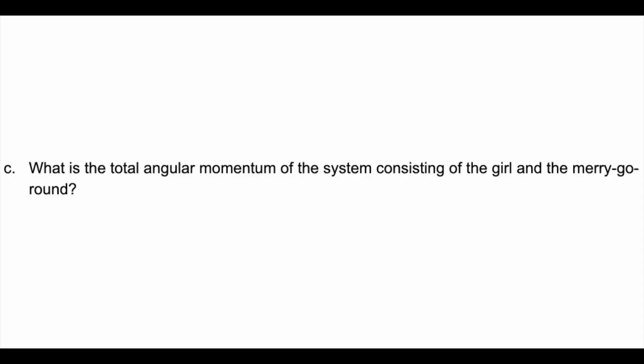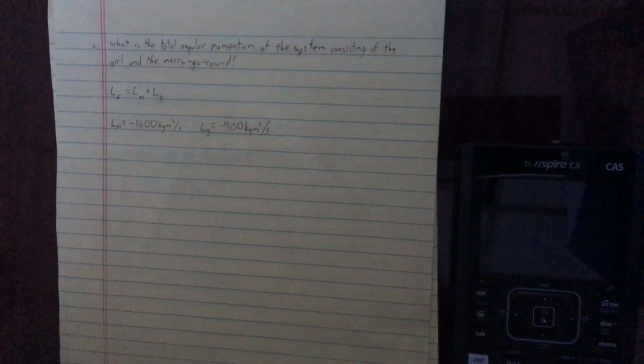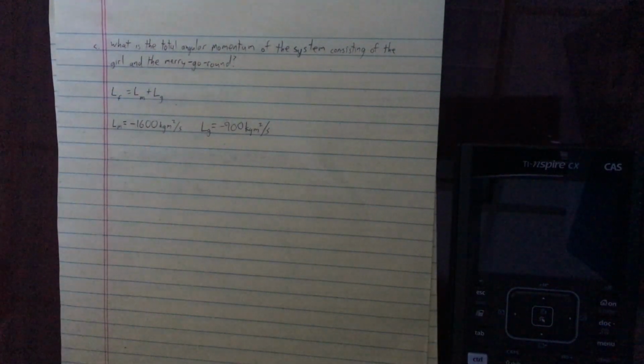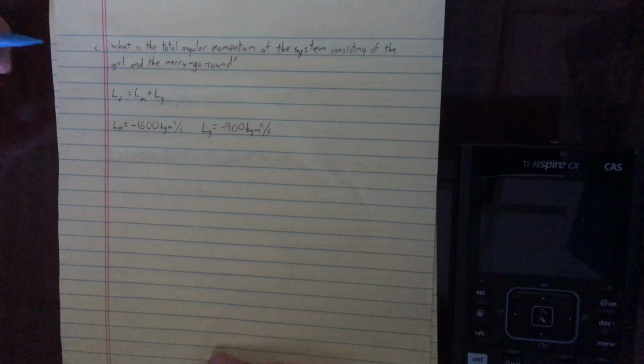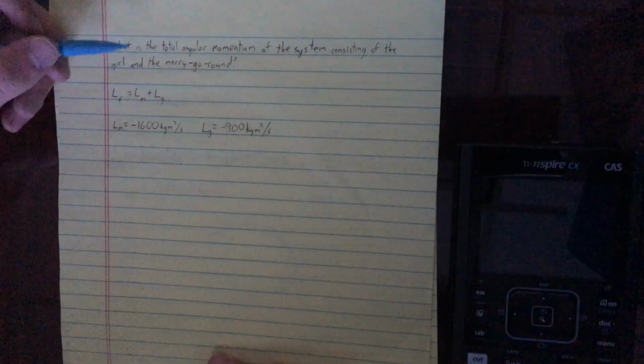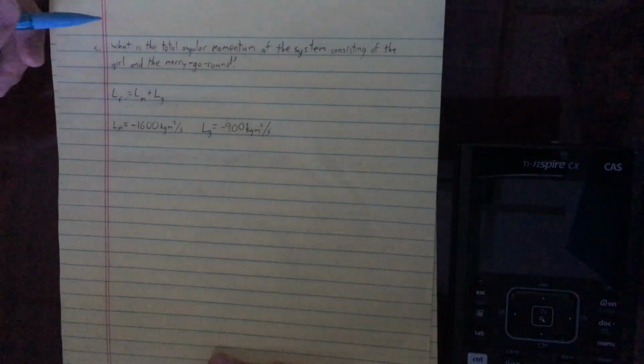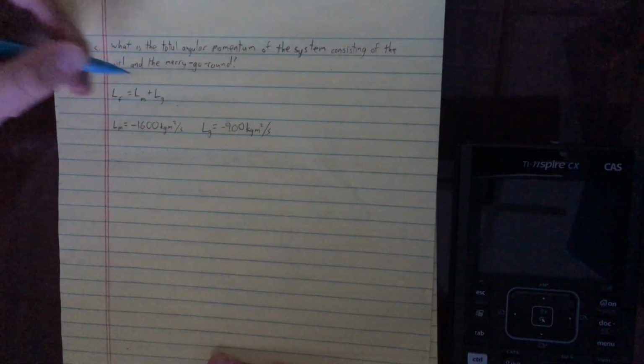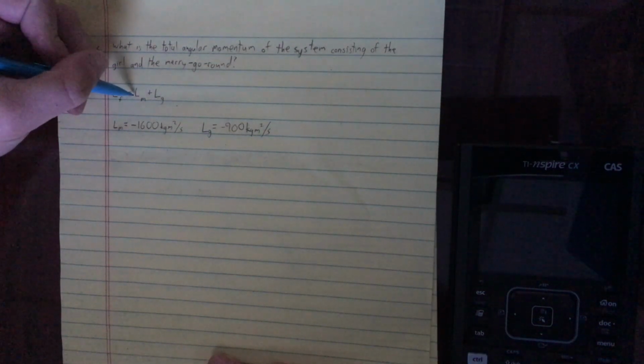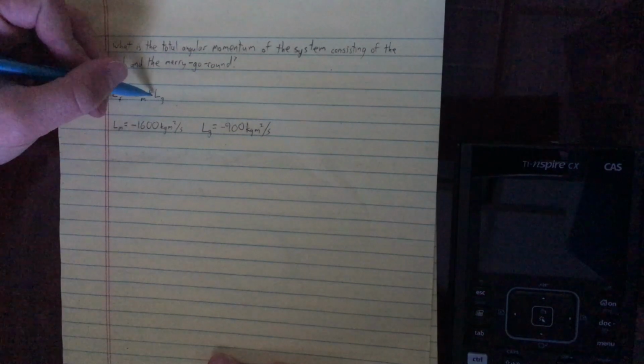Time for part C. What is the total angular momentum of the system consisting of the girl and the merry-go-round? If you thought part B was easy, you're going to love part C, because in part C, we don't even have to multiply. All we need to do to get the total angular momentum of the system with the girl and the merry-go-round is add the merry-go-round's angular momentum and the girl's angular momentum.